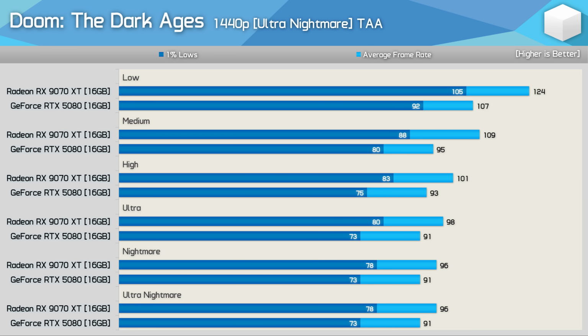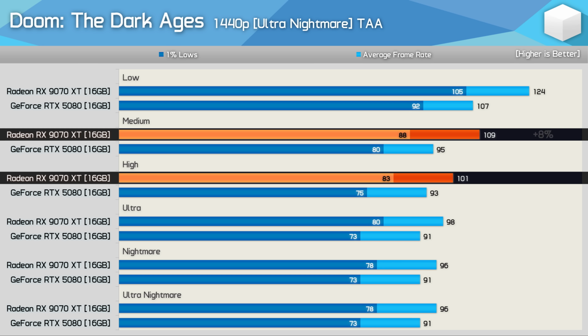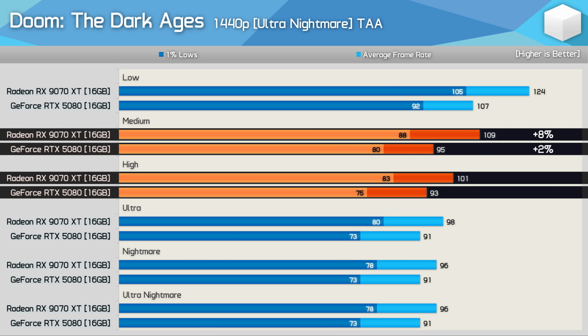Oddly, the 9070 XT is faster than the RTX 5080 using the provided drivers, and this was an unexpected find given NVIDIA provided us early access to the game, requesting that we promote the RTX features of their GeForce 50 series, which we agreed to do because, you know, we are benchmarking RTX graphics cards here, and they do have features. Anyway, even with the medium preset, we're only looking at a further 8% boost for the Radeon GPU and just 2% for the GeForce GPU.